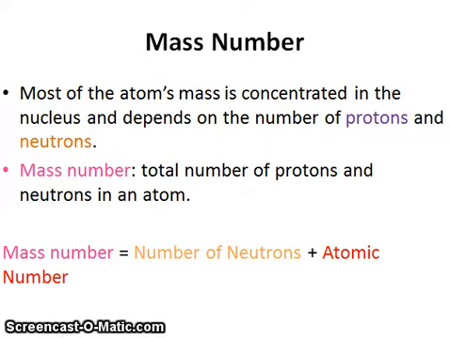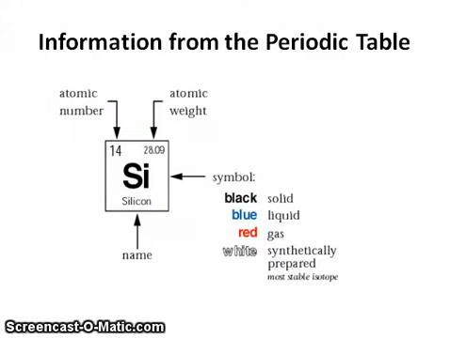So the definition will be the mass number is equal to the total number of protons and neutrons in the atom. And when we calculate this, we will add up the number of neutrons plus the number of protons, which is also the atomic number. Please write down this definition. Again, we obtain the mass number from the periodic table.